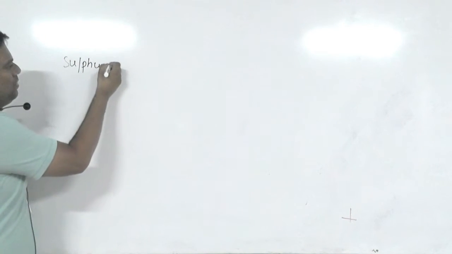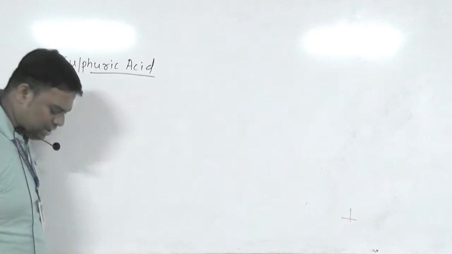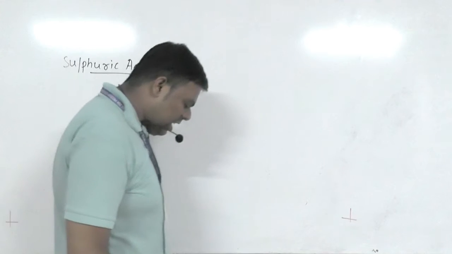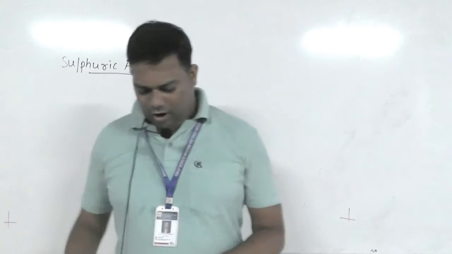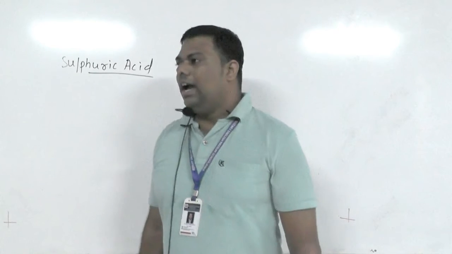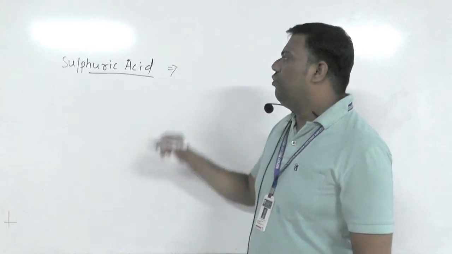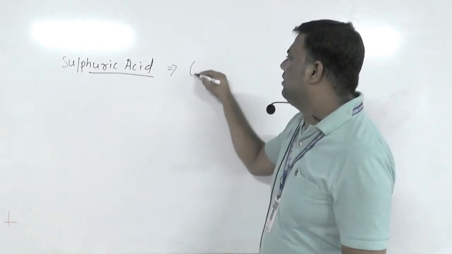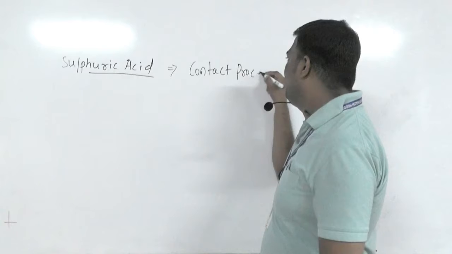See here. We will discuss sulfuric acid, one of the important chemicals. Generally it is used in all industry. Sulfuric acid is manufactured by one of the important methods, that is the contact process.